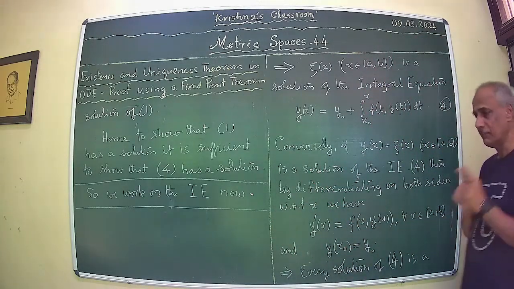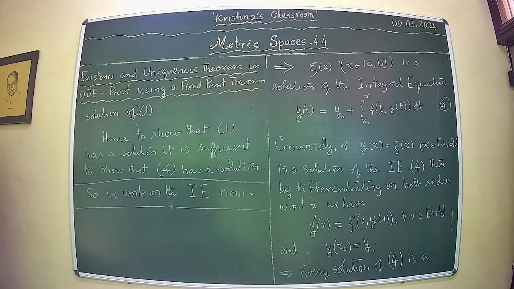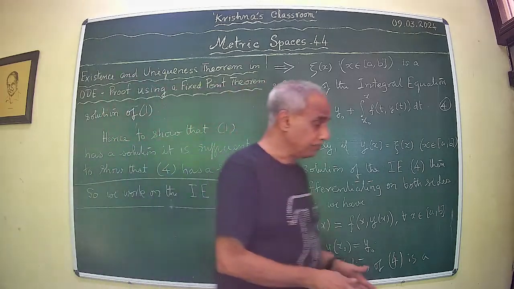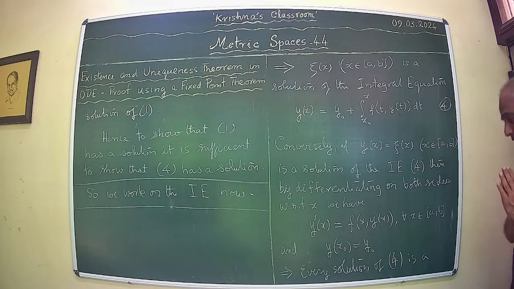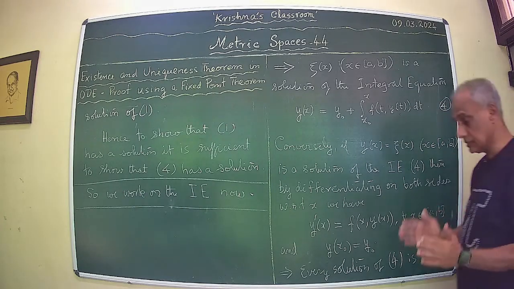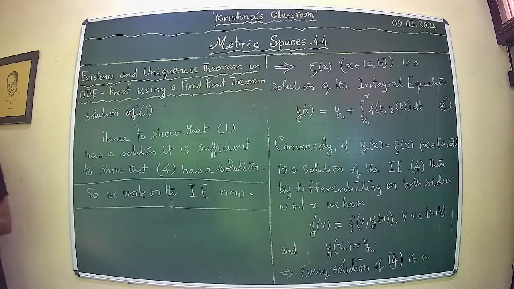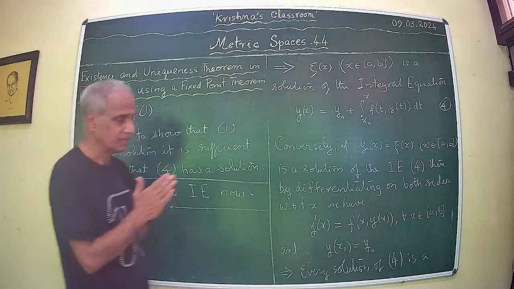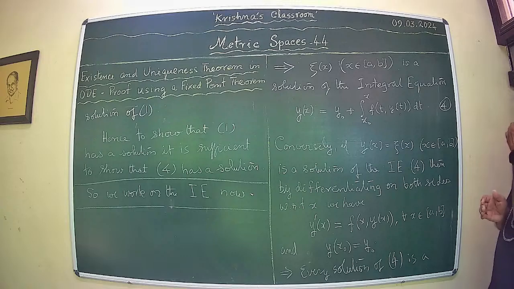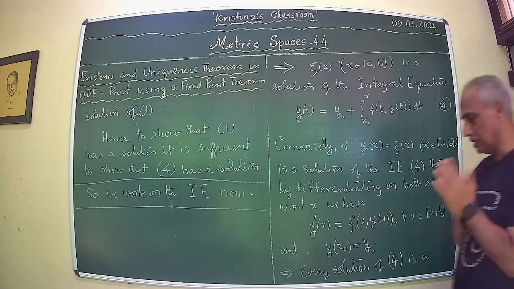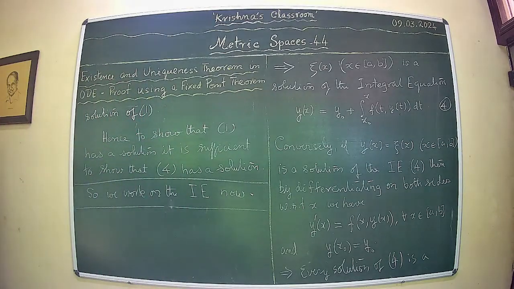And indeed, what we are doing is, because I will be digressing into differential equations then, but still I will just make some remarks here. We prove that in some neighborhood of x naught, under the conditions on f, there exists a unique solution of the initial value problem. Okay? And which is equivalent to proving that on some interval containing x naught, there exists a unique solution of the equivalent integral equation.